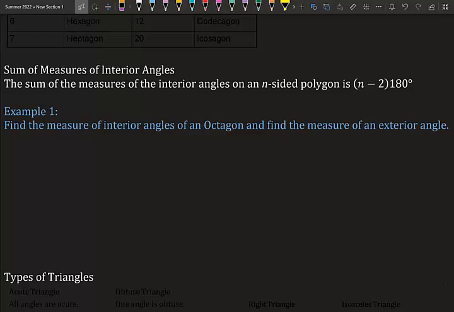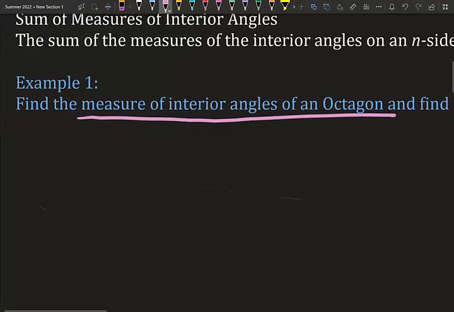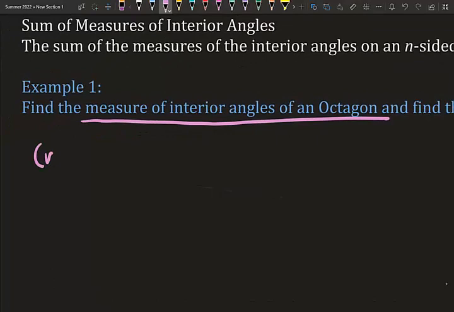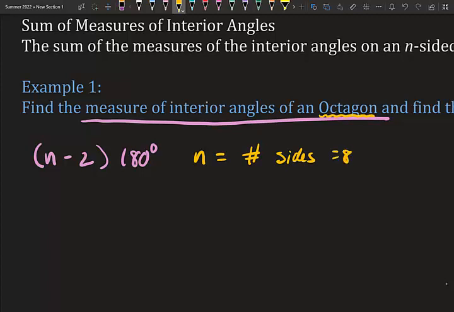So let's find the measure of interior angles of an octagon and find the measure of an exterior angle. Let's find the measure of interior angles of an octagon first. So I'm going to use the formula (n minus 2) times 180 degrees. N is the number of sides. An octagon has 8 sides.